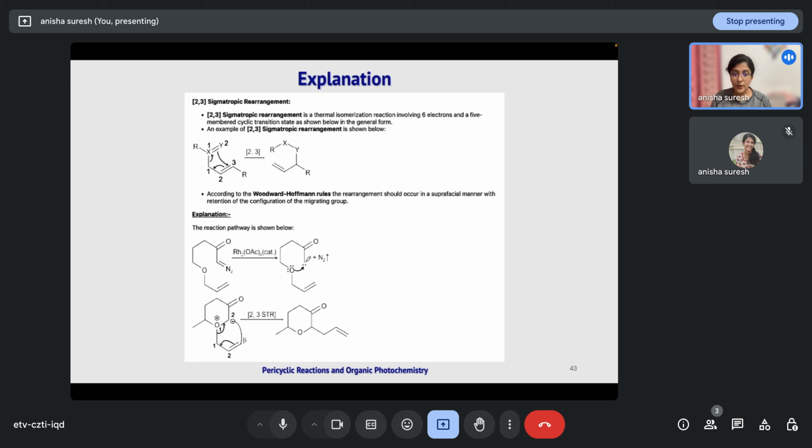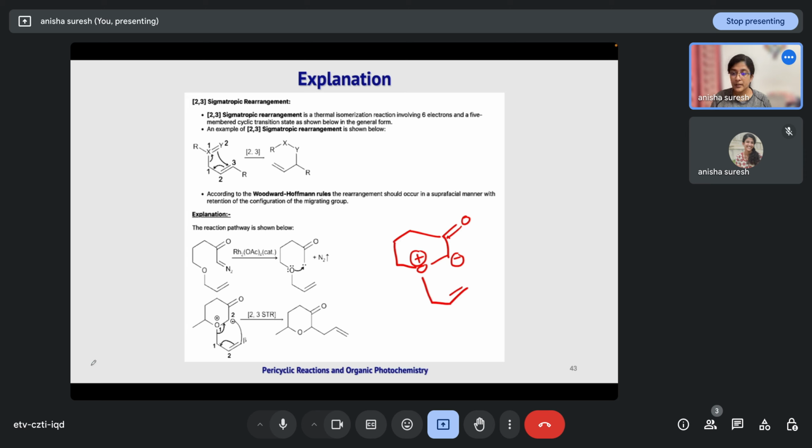So the oxygen lone pair will add on to this carbene, resulting in the formation of O plus here and a negative charge here. Now this is the substrate that can undergo a 2,3 sigmatropic rearrangement.